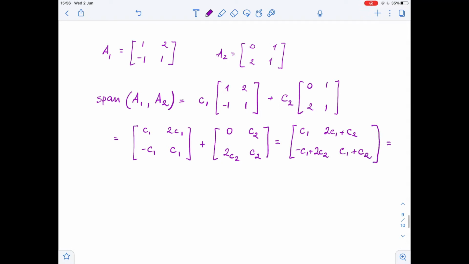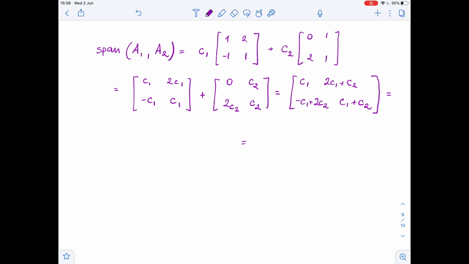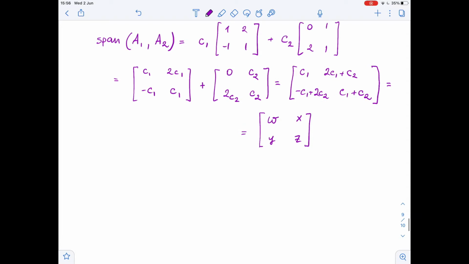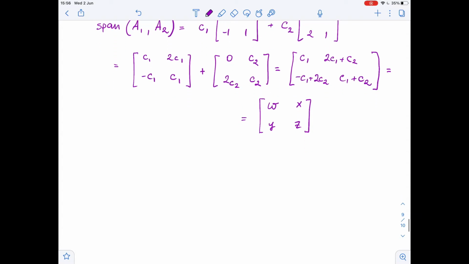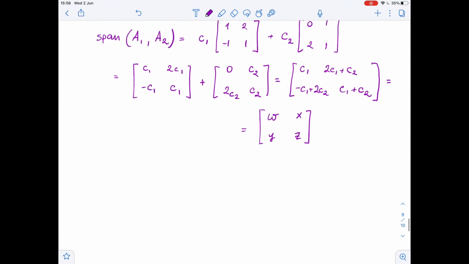And now we know that this is equal to our span, and let our span's entries be some W, X, Y, Z. So let's solve this and find our span, find our W, X, Y, Z using our matrix.